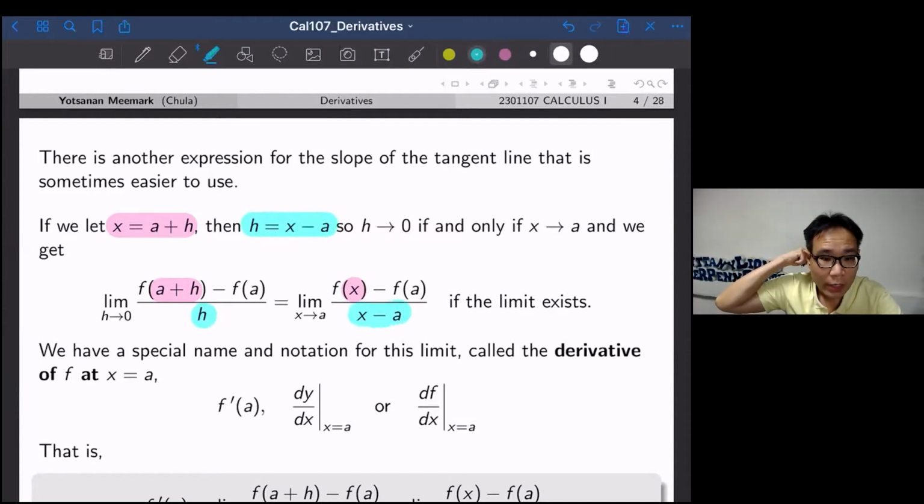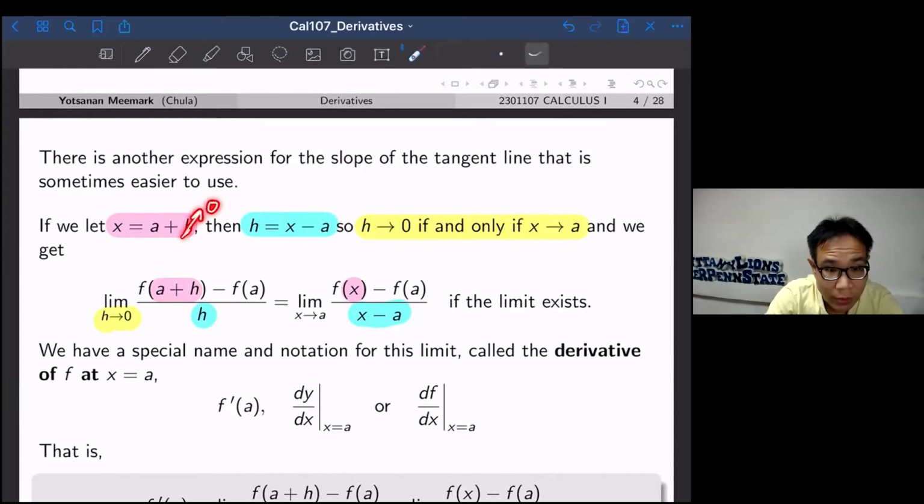When h approaches 0, x will approach a. So this limit, f(a+h) minus f(a) over h, can be written in the form of the limit as x goes to a of f(x) minus f(a) over x minus a.